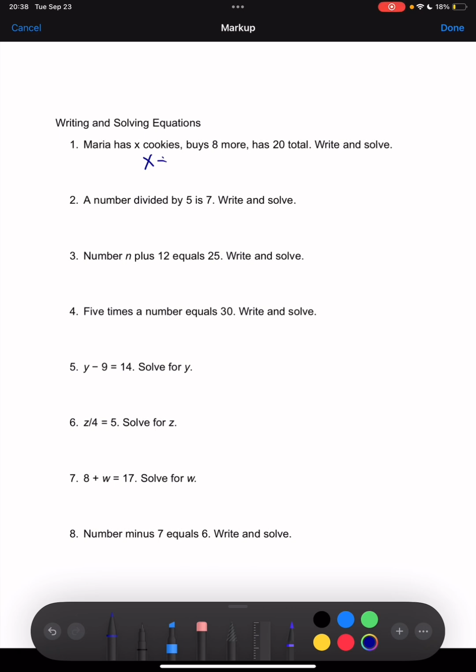That means she's adding 8 to how much she already has. And now she has a total of 20. And this is very similar to the other page we did. We're trying to isolate the variable, which is x, and then now we're going to subtract 8. And that is equal to 12.